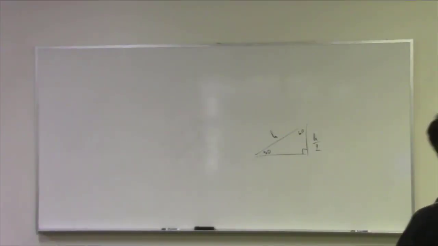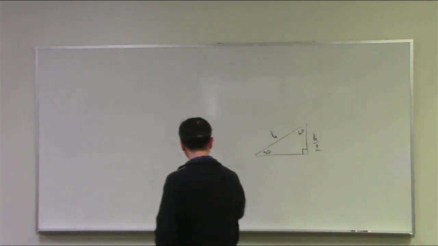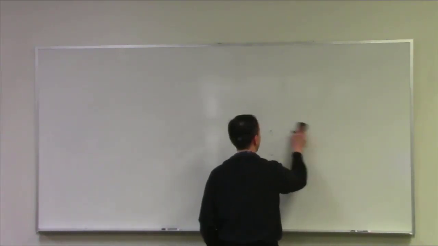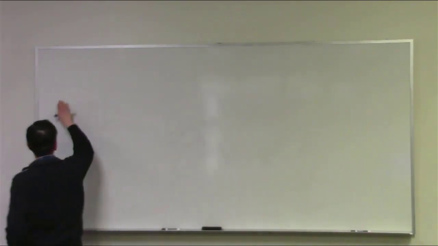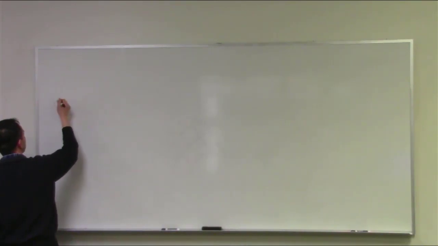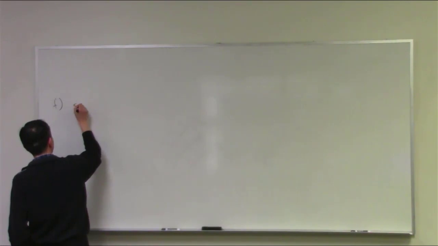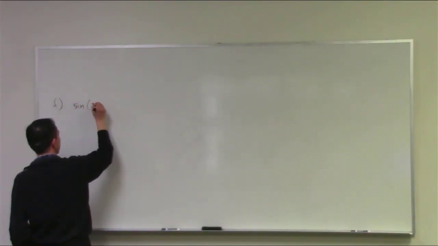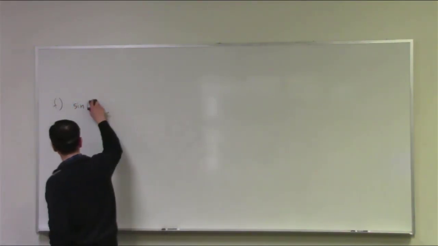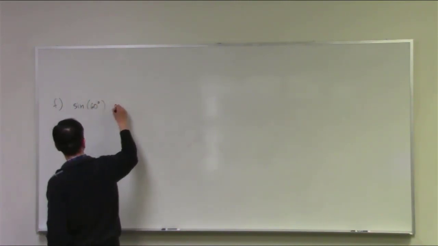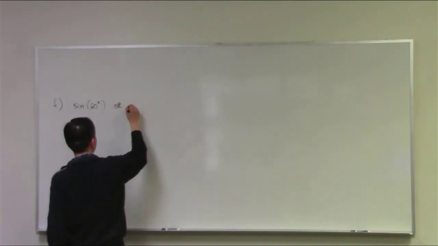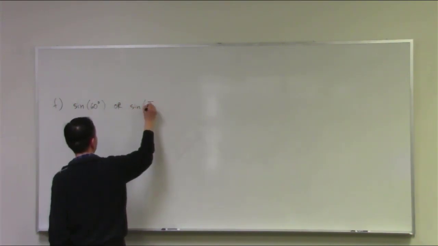So we're going to continue further. In part F right here, let's look at how we want to calculate the sine of the 60 degree angle, or you can also call that the sine value of the pi over 3 angle.